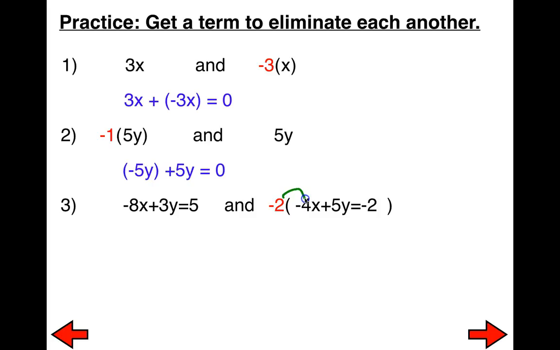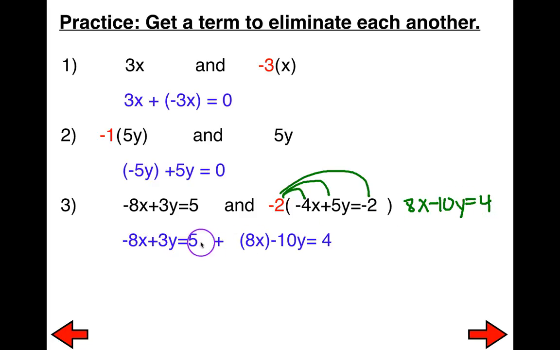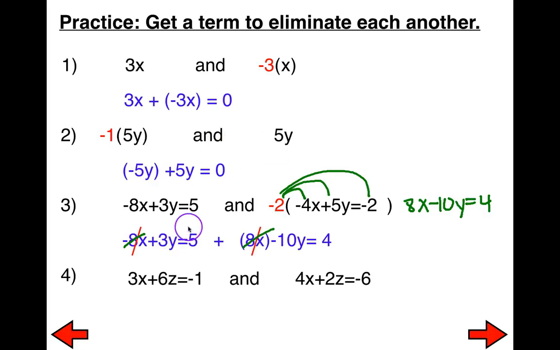If you multiply this, you would end up with a positive 8x minus 10y equals a positive 4. So notice here the x's will cancel each other out, which would leave you with just the y's, and you'd be able to solve from there.